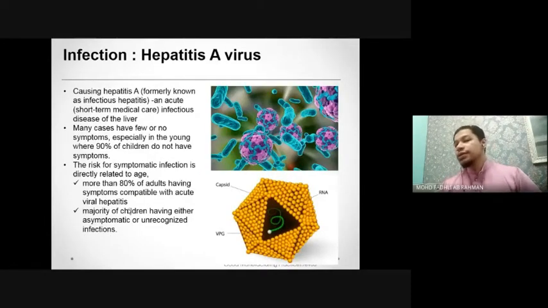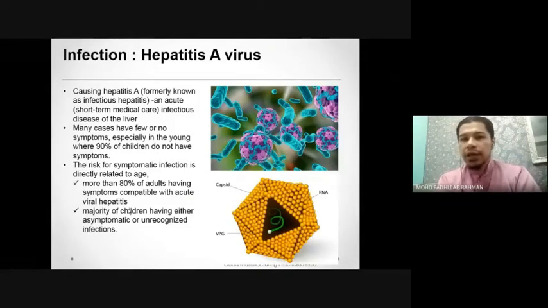Okay, next is virus, which also affects humans through infection. The first virus is hepatitis A virus. Of course, same as its name, it causes hepatitis A disease, formerly known as infectious hepatitis.